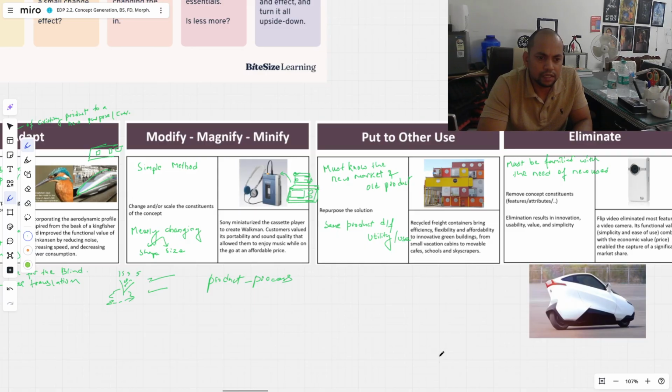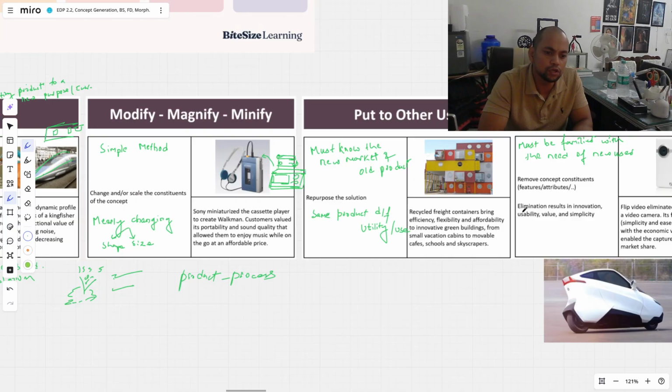Put to other use can again be utilized for a cell phone or a tablet, which you can use for reading. From the personal computer, the idea of the cell phone came into the picture. The computer used to be this big, and they used CRT monitors. After that, Mac came and made it user friendly and compact, and slowly after the transistors came into the picture, things got even better.